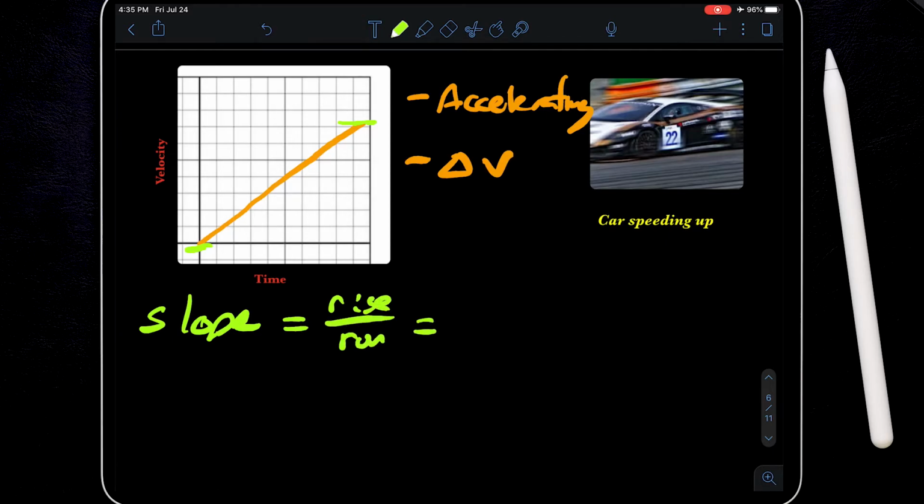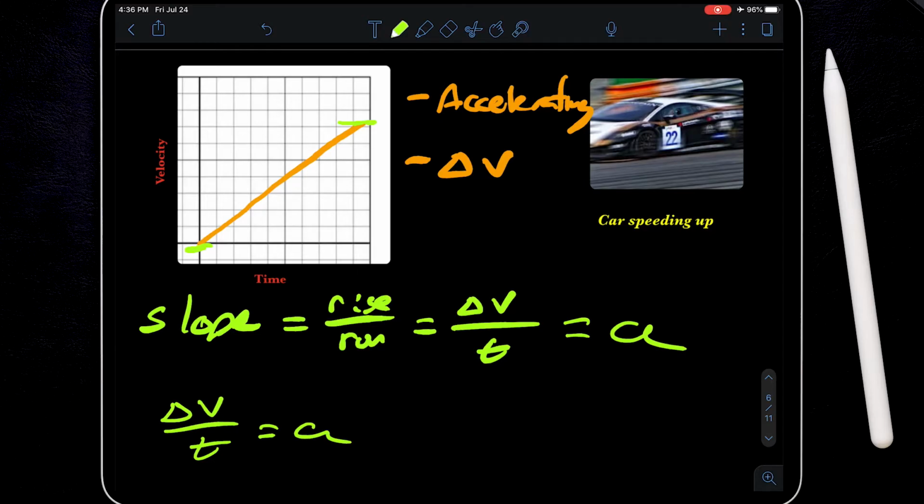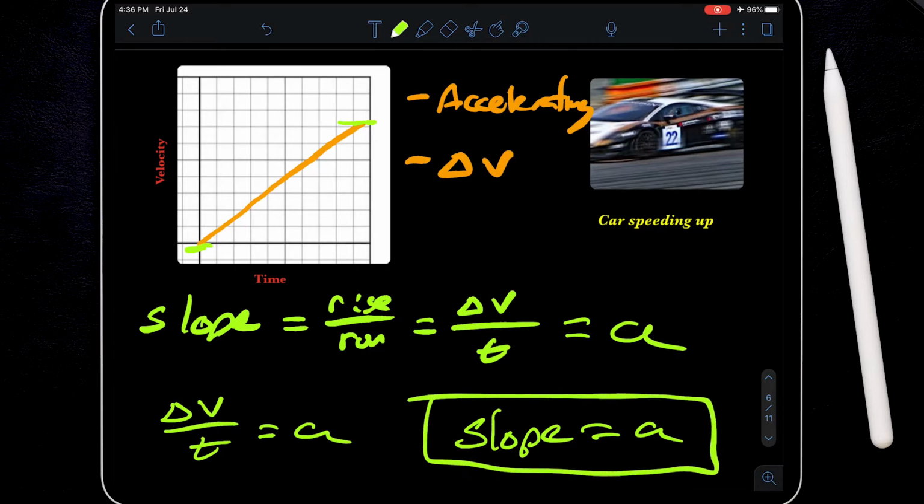Well, the rise on this is the changing velocity. So your velocity is changing as it goes up. And the run represents time. Well, you remember from your kinematic equations that the change in velocity over time is equal to acceleration. So on a velocity versus time graph, the slope is equal to acceleration.